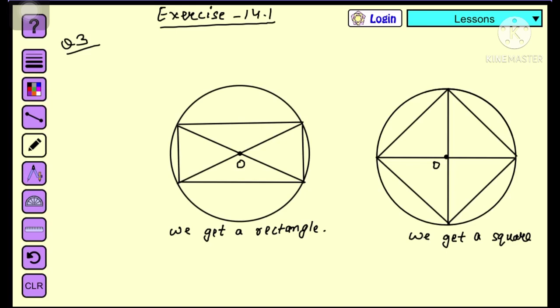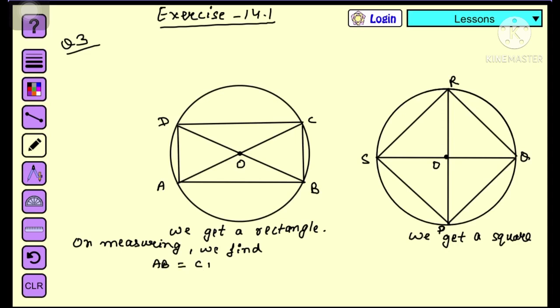So we can write, on measuring, we find, so let's name them A, B, C, D, and here you can name them P, Q, R, S. On measuring we find that AB is equal to CD and BC is equal to AD.